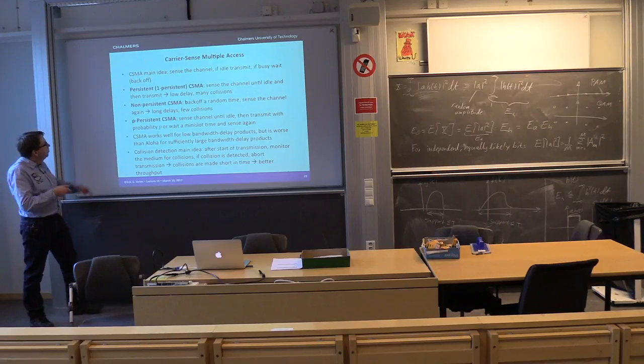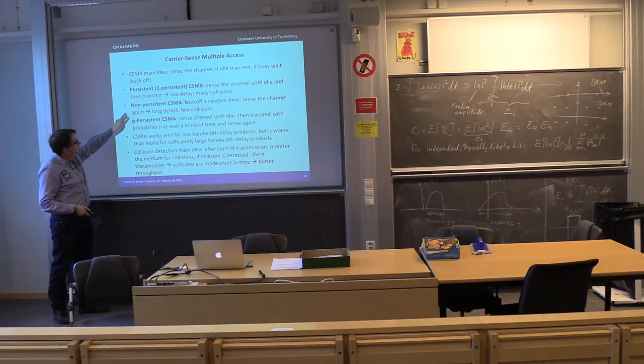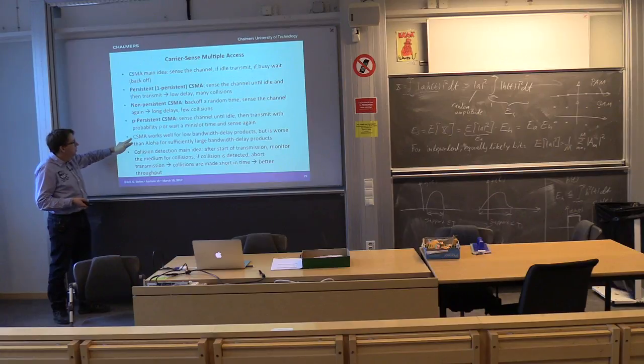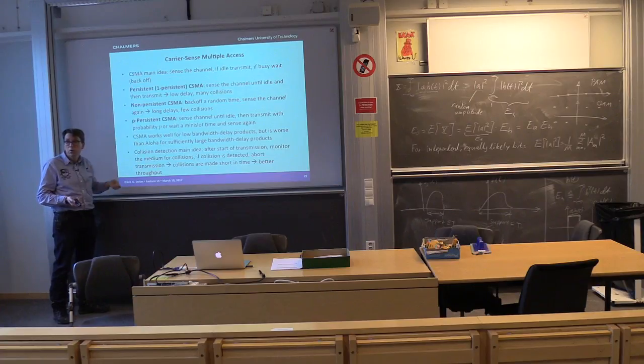There are three main categories: persistent, non-persistent, and p-persistent. In the way it's backing off. I'll let you read the details later on. I'm not going to go through them here. CSMA works well for low bandwidth products, but it's worse than ALOHA for sufficiently large delay bandwidth products. So ALOHA is still useful in some contexts.